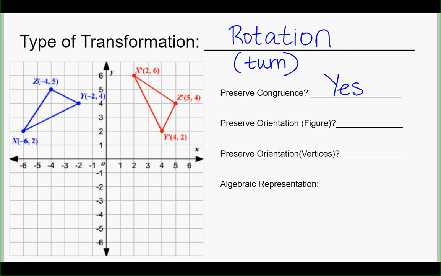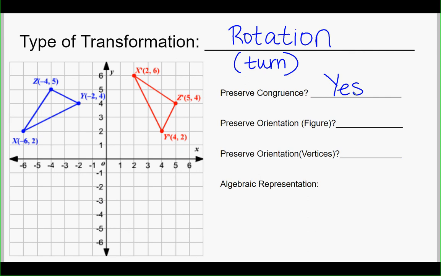Now let's look at just the figure. Does it preserve orientation? Is it still facing the same way? Yes. Wait. No. We turn something. It's not facing the same way, because if you start from Z, it's ZYX.